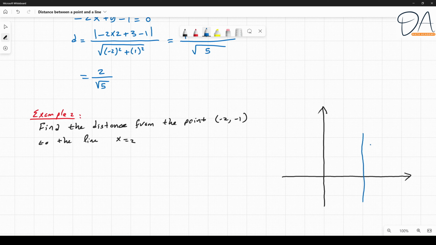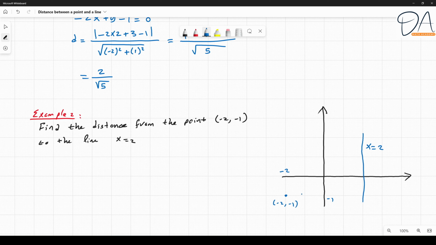This is the line x equal to 2, which means the value of x is fixed as 2 and y can be anything. And then the point that we are given is at minus 2 and minus 1. So the point is here. This is minus 2 and minus 1.